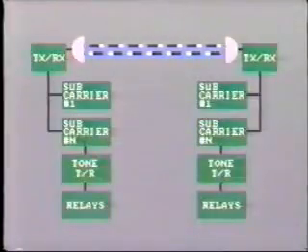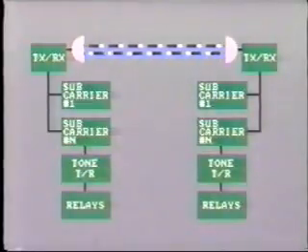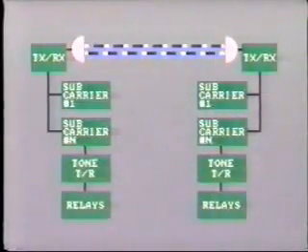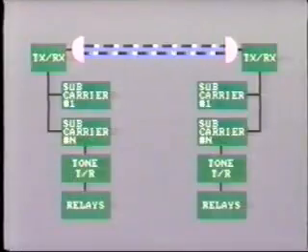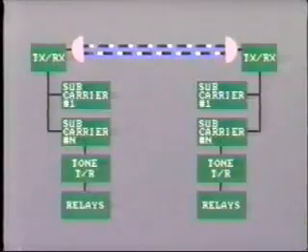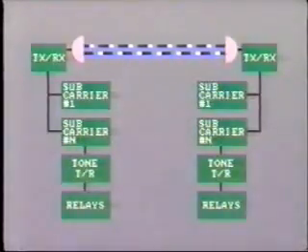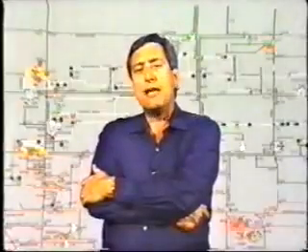The microwave system has the advantage that it can accommodate a huge number of channels. This is accomplished by the technique of multiplexing. If you would like more information on this subject, please refer to the L&K videotapes in the distribution and power system programs.